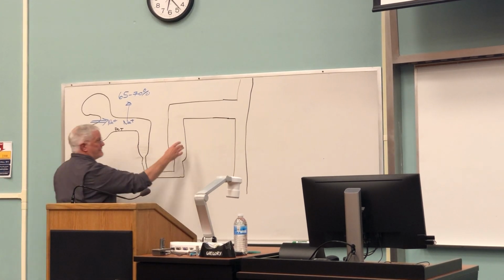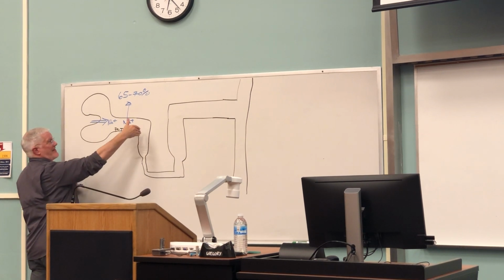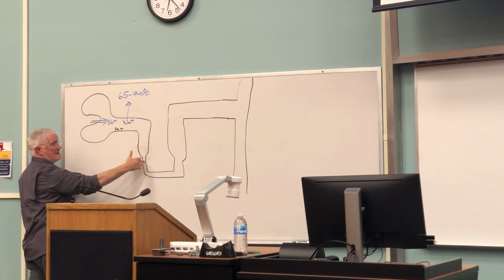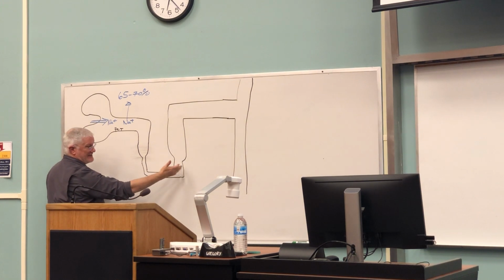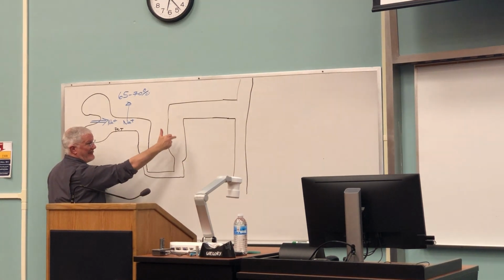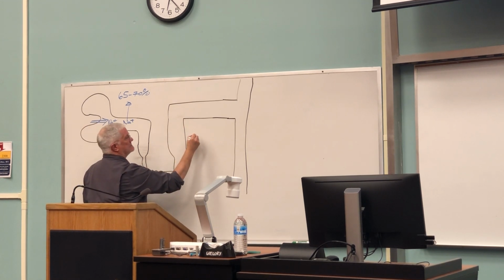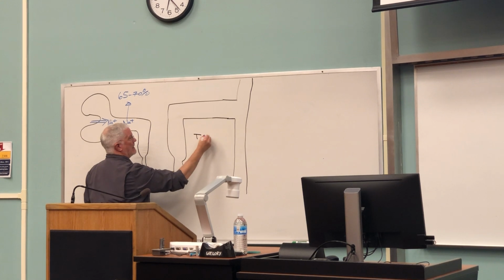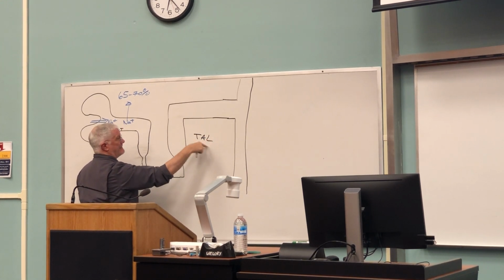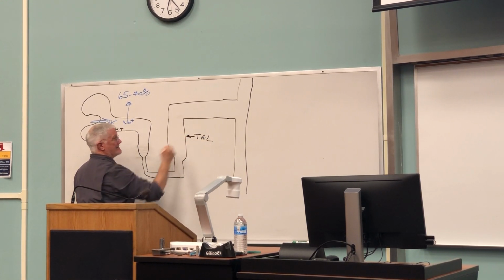Now over here, if I have my thick descending and my thin descending and my relatively thin ascending and my thick ascending, there's a nickname for the thick ascending, and it's called the TAL. T-A-L. The thick ascending limb. That's this thing right there.